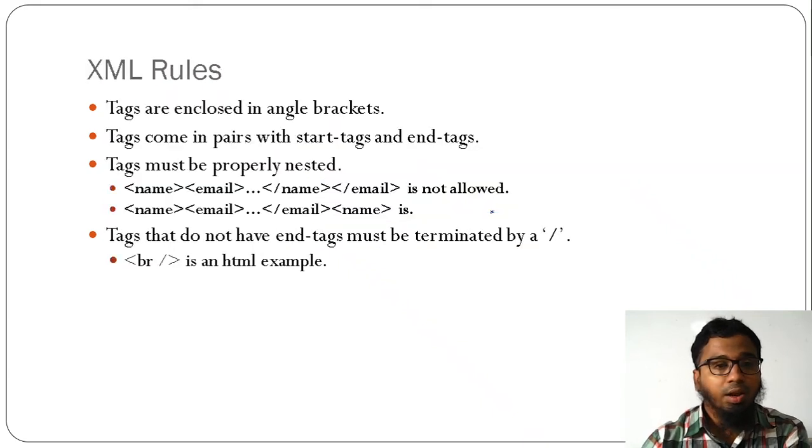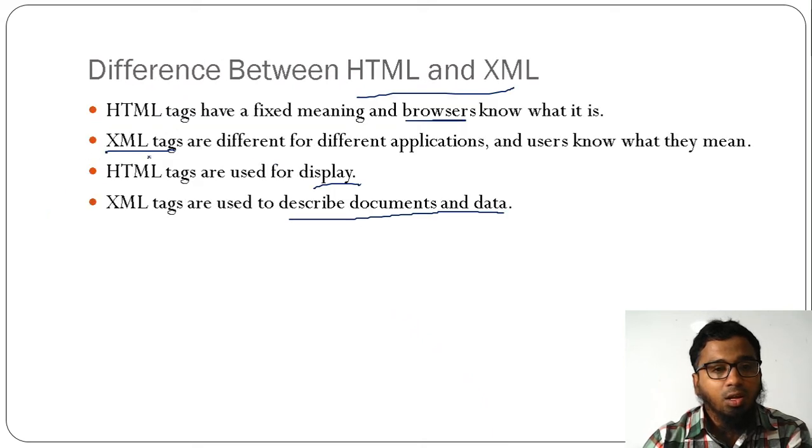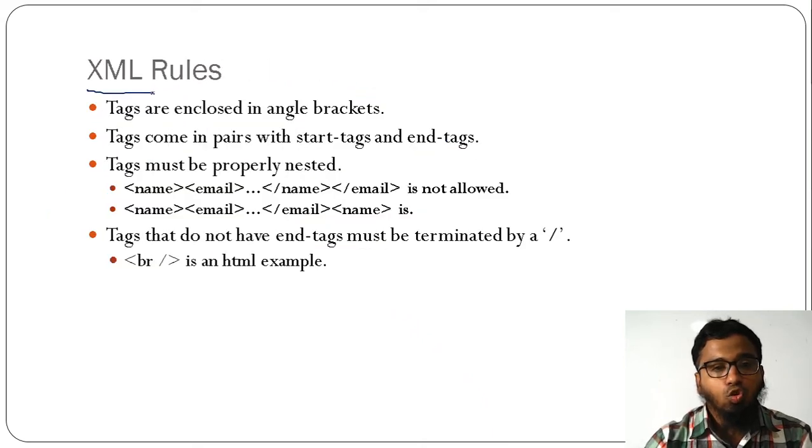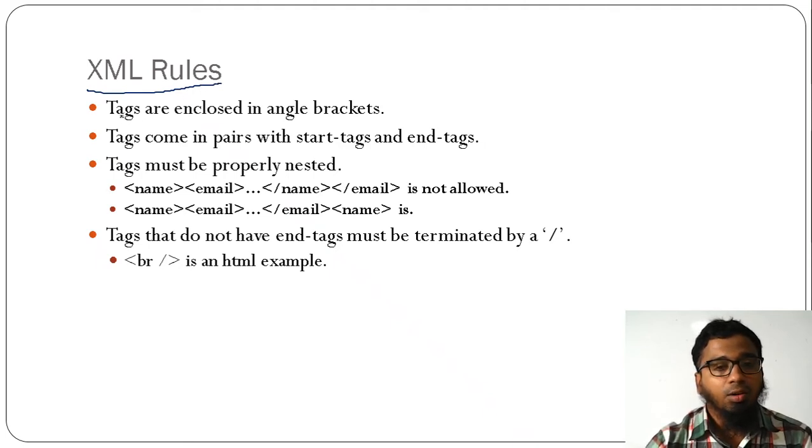Okay. Next, there are some rules to define, like I told you, it is user defined data. In the same way, how to create your own tags. Tags are enclosed in angle brackets, okay, and tags come in a pair with a starting tag and an ending tag. As I told you, that should be in brackets, and this should be an opening tag and a closing tag.